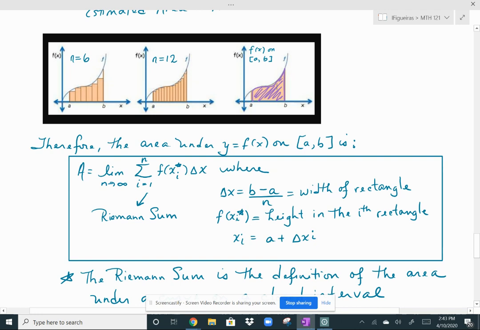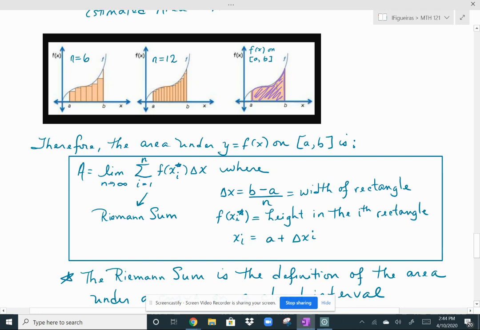F of x sub i star, and this notation varies depending on what book or video you're using, is basically the height of the ith rectangle. Remember, when you have a curve, although delta x is constant, your height will be changing as the curve goes up and down.